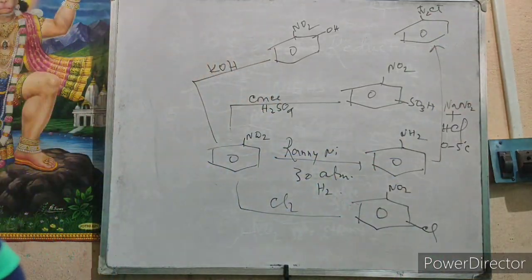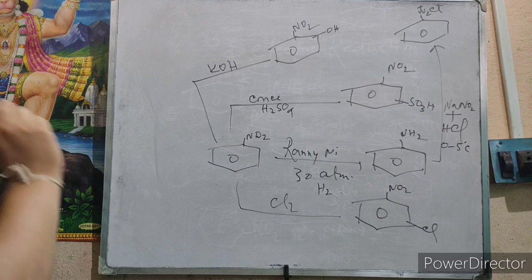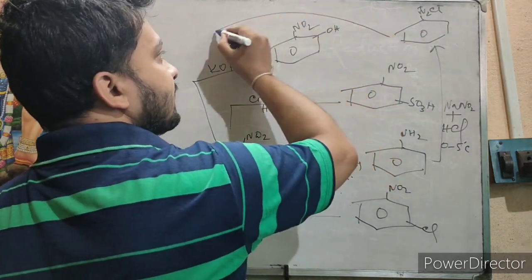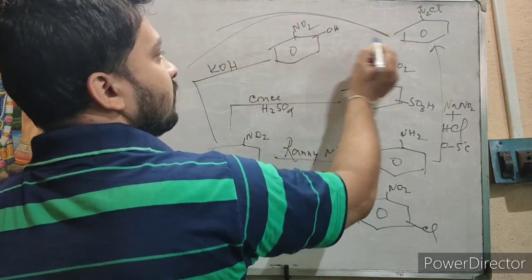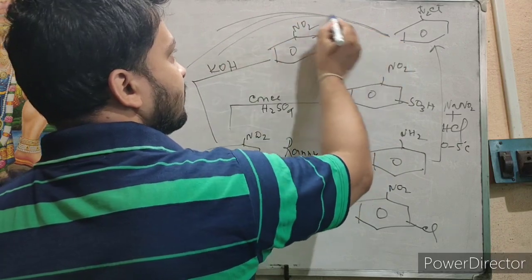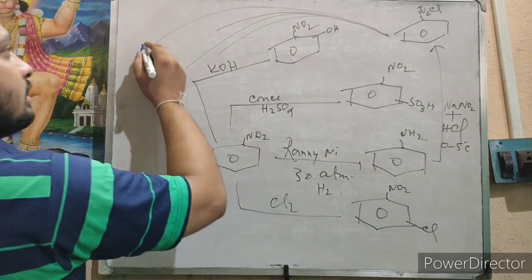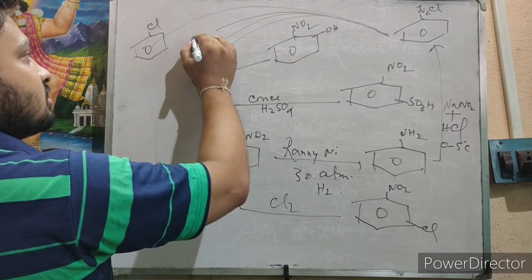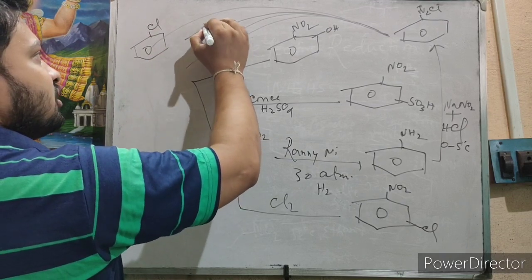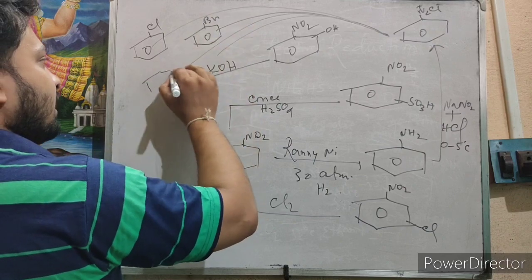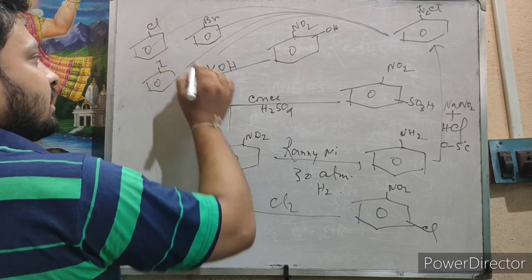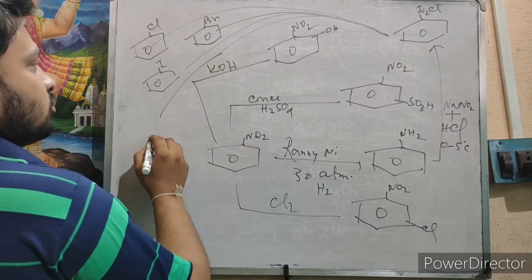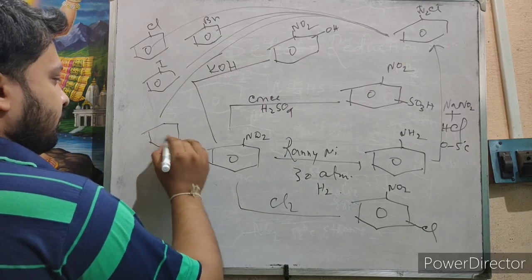This benzene diazonium chloride can give you chlorobenzene, bromobenzene, iodobenzene, or fluorobenzene.